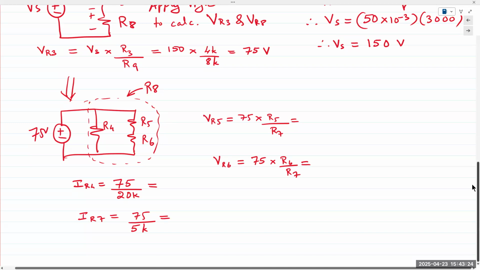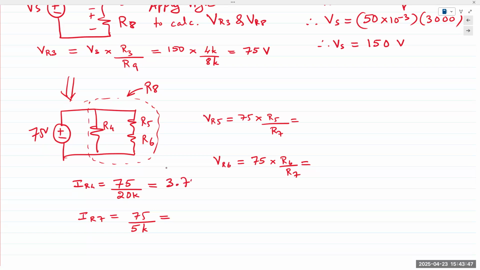Anyone have IR4? 75 divided by 20,000. 75 divided by 20K. How much do we have? 3.75 milliamps. All right, see a few nods everywhere. So this is 3.75 milliamps.